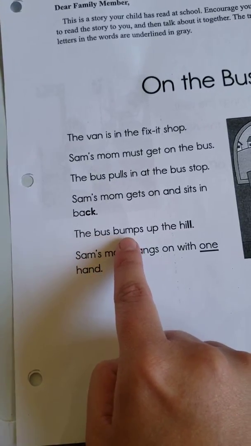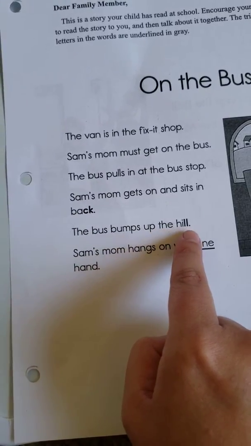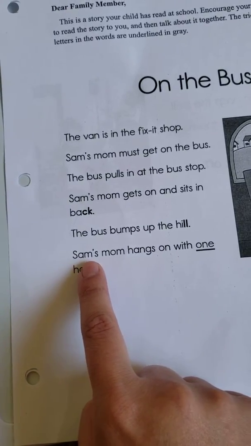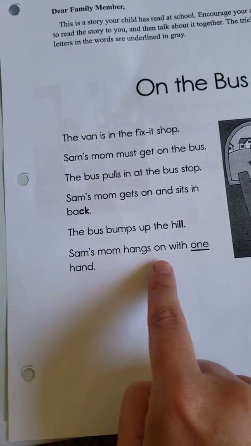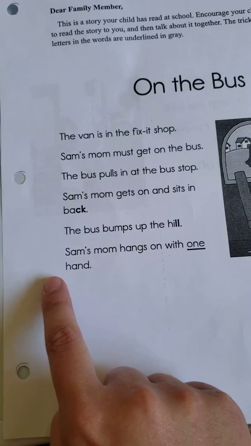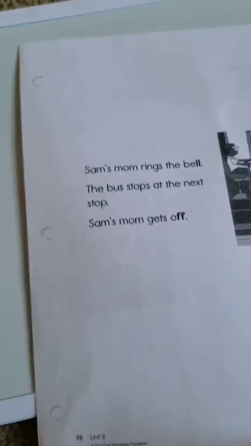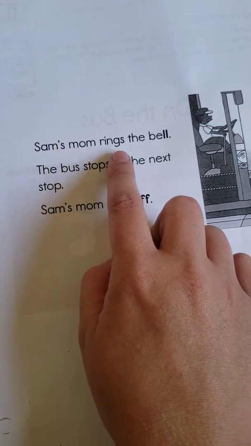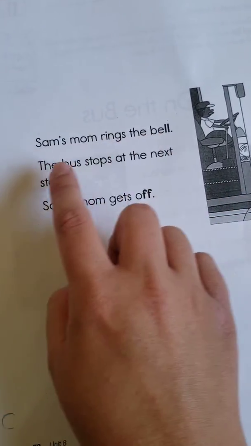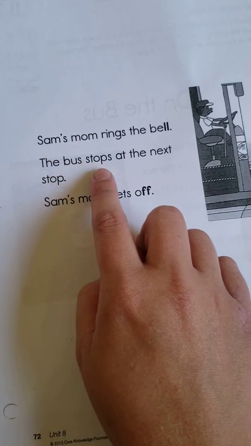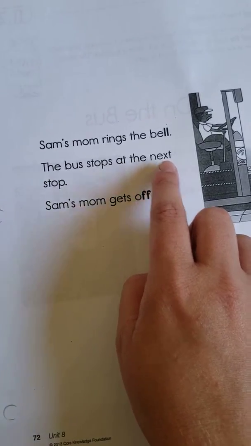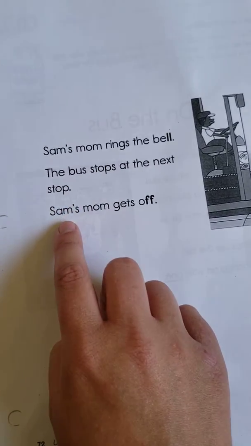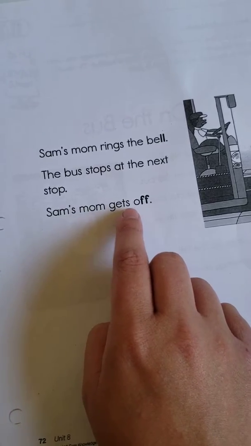The bus bumps up the hill. Sam's mom hangs on with one hand. Okay, I'm gonna have to flip it over. Sam's mom rings the bell. The bus stops at the next stop. Sam's mom gets off.